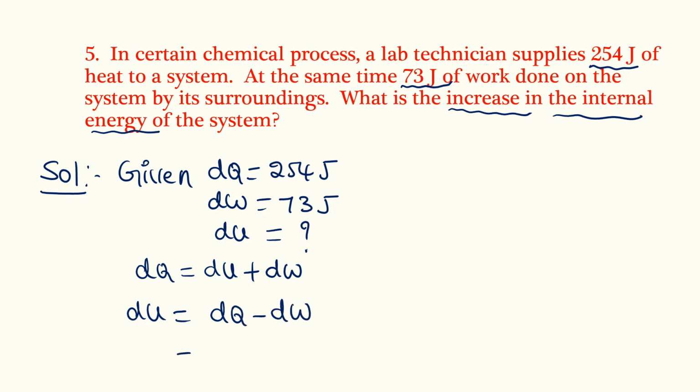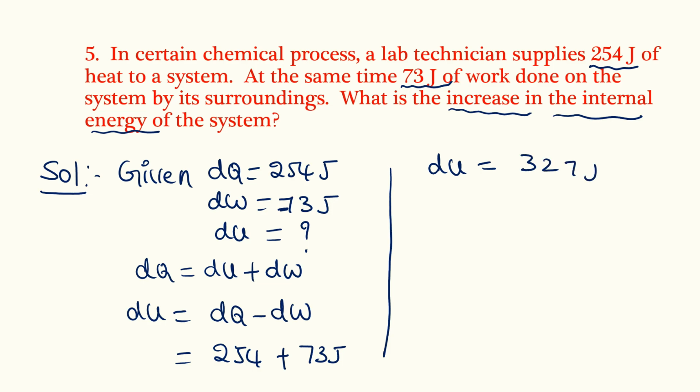Substituting values, dQ value 254 minus dW value, and here you have to write work done on the system is minus 73 joules. So it becomes plus 73 joules. So dU is equal to 254 plus 73, which is equal to 327 joules.